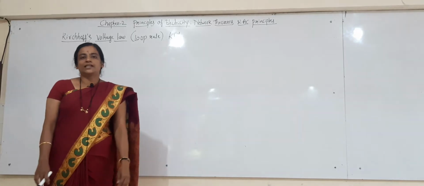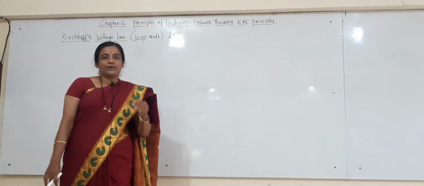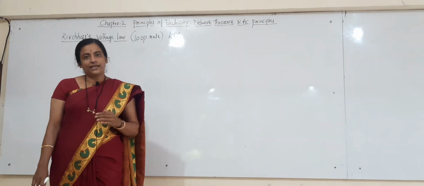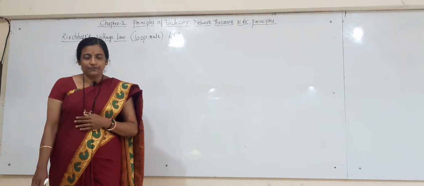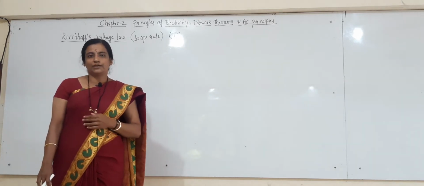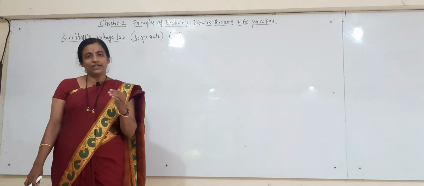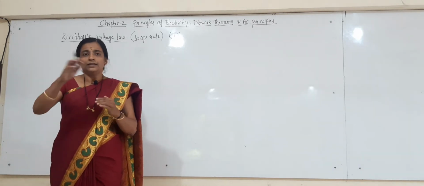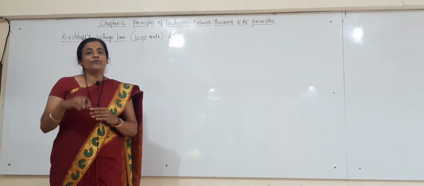So what is the KVL statement? It states that the algebraic sum of EMFs in a closed loop of an electrical network is equal to the algebraic sum of IR drops in that network. Any loop you consider, however many EMFs there are in that loop, their algebraic sum is equal to the algebraic sum of IR drops.